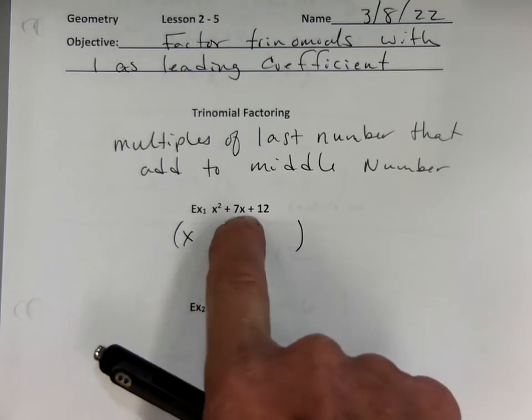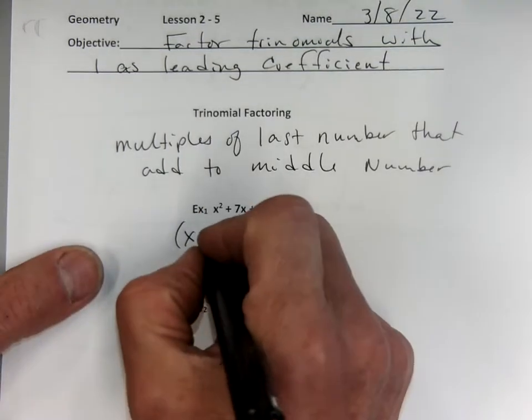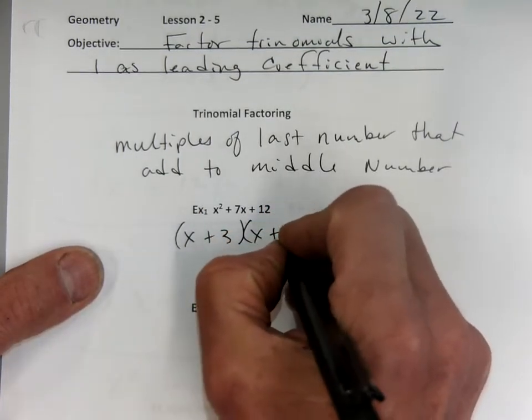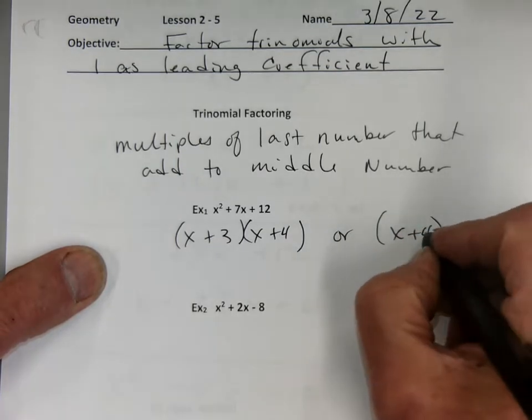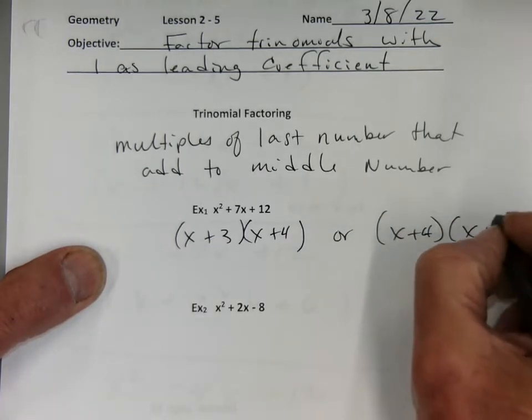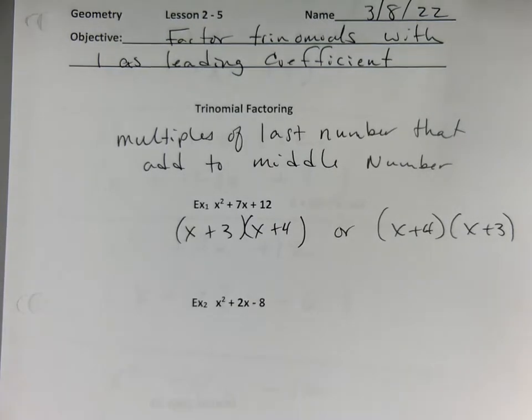You guys already had this one. You already had the plus 3, plus 4, or vice versa, it doesn't matter. They're the same answer. You don't need both, one or the other, okay? And we did this one earlier. Show me thumbs up, like you really got this, okay? It's really that simple, okay?